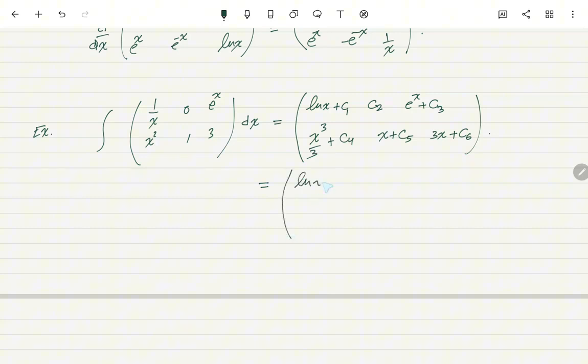So this is ln x, and this is C2, this is e^(2x), this is x cubed over 3, this is x, 3x plus, and remember, when you add two matrices, we add every single element of matrix A with every single element of matrix B. So this will be C1, 0, C3, C4, C5, C6.